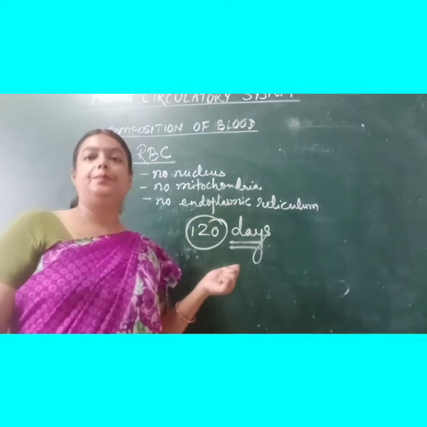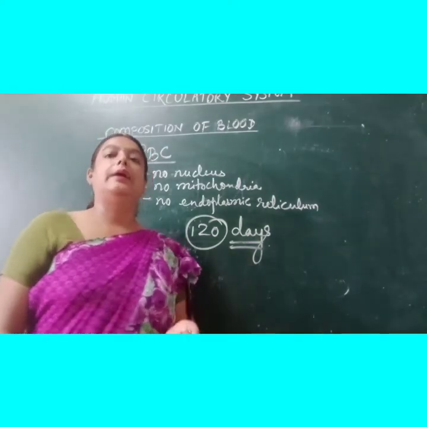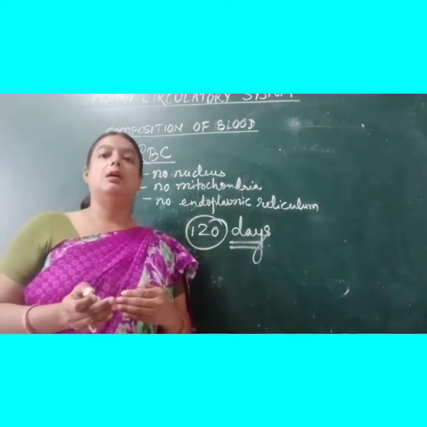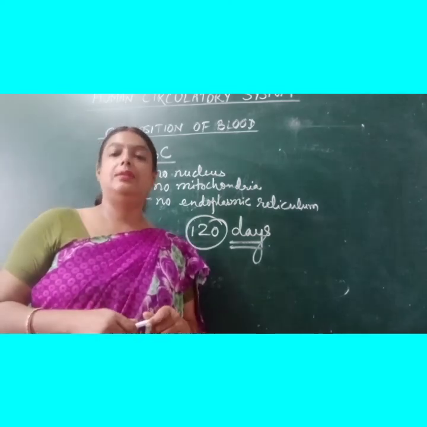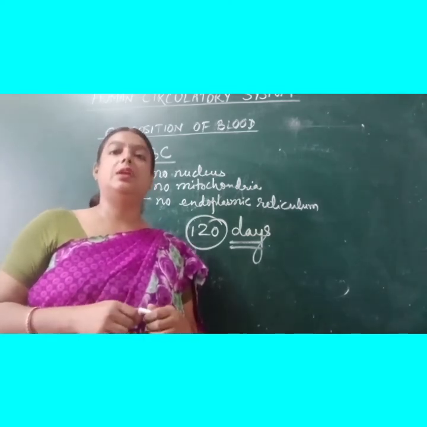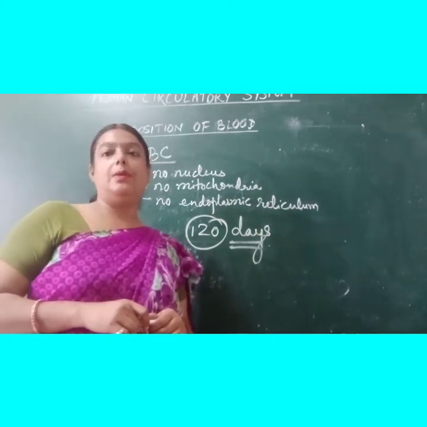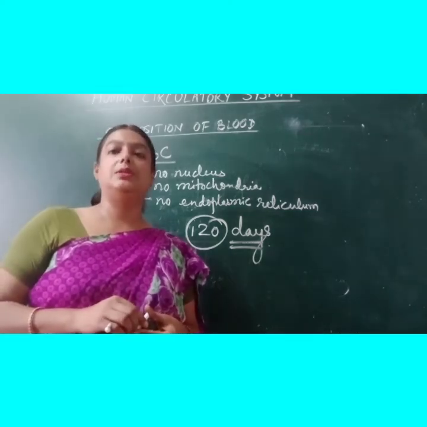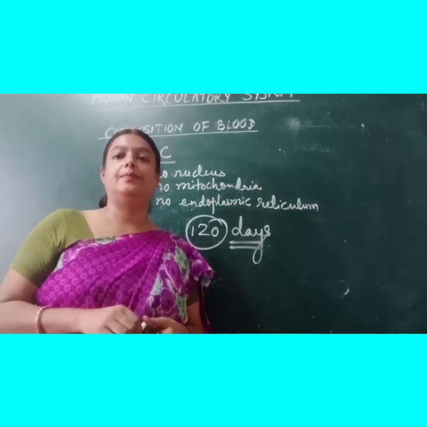An adult human male has 5 million RBCs in 1 mm cube of blood. An adult human female has slightly less, 4.5 million RBCs in 1 mm cube of blood. A newborn baby will have 7 million RBCs in 1 mm cube of blood.